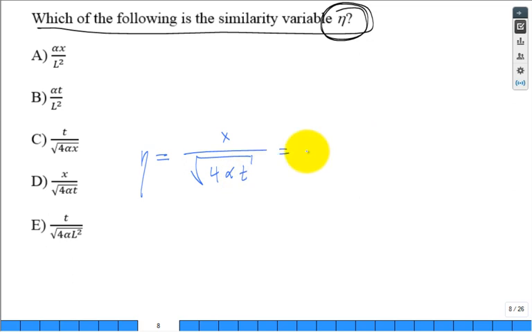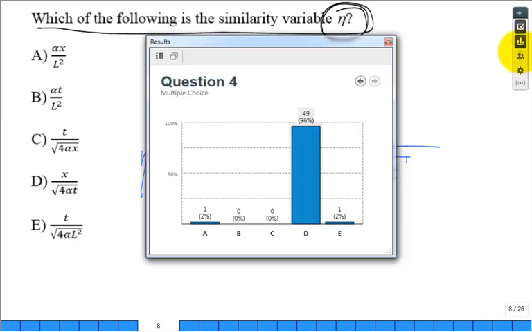Somebody says, hey, I looked at a different book. It's x divided by 2 square root of alpha t. Which one is it? Same thing, same thing. Sometimes they put the 4, sometimes they put the 2. You just have to pay attention. It's the same thing. So very good.